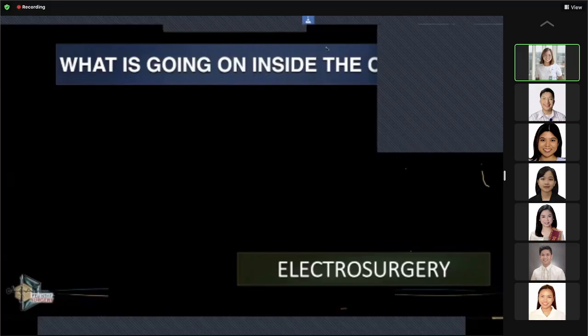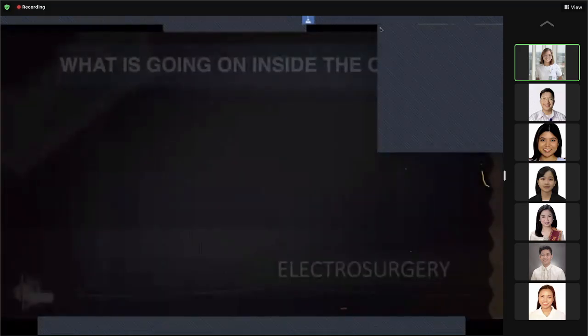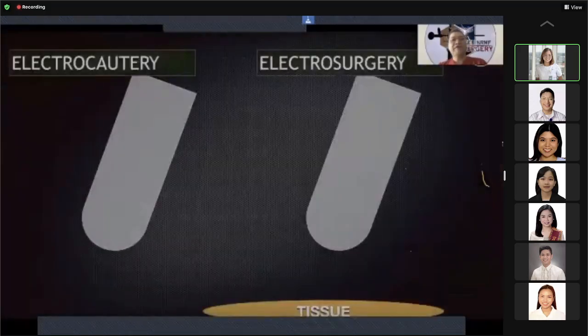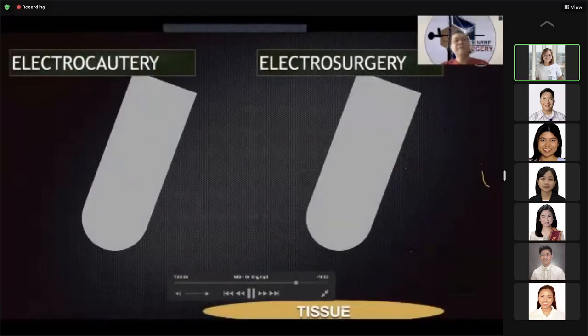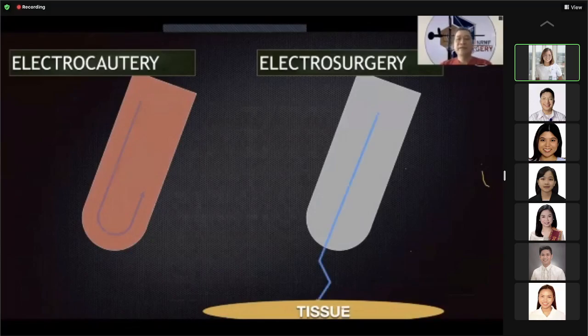So it's not the same as cautery. Okay, so these are the two differences. In cautery, there's heat because it uses direct current, and in electrosurgery, there is current that passes through the tissue, and within the tissue, there's movement of electrons and protons that produces the effect. So that is the difference.